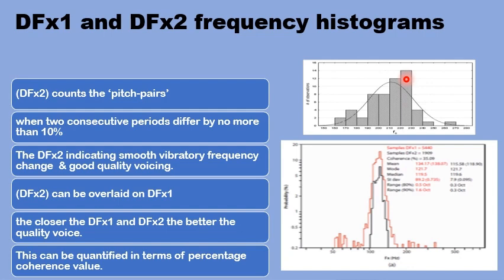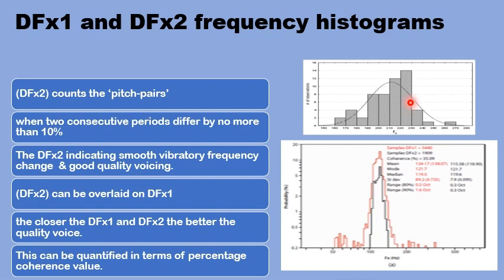If the successive or the following frequency for all these frequencies is no higher or no less than 10% from the first frequency, then it can be counted in the second histogram, the DFX2.